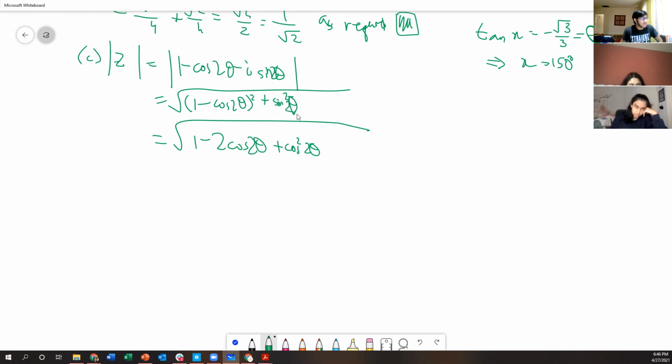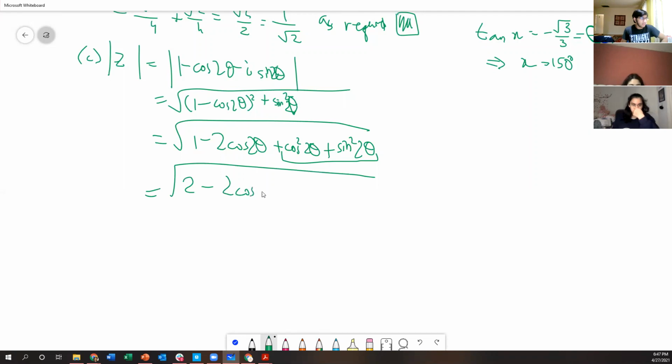Sorry, that should say sine squared 2 theta. I'm so sorry. And then plus sine squared 2 theta. Now, guess what? What is this? You should be able to recognize that. What would that be? 1. Pythagorean identity. Pythagorean identity is one you should know. That's fundamental to all the trig identities. So now I know I'm going to have a 1 plus a 1. So I can write this as 2 minus 2 cos 2 theta.